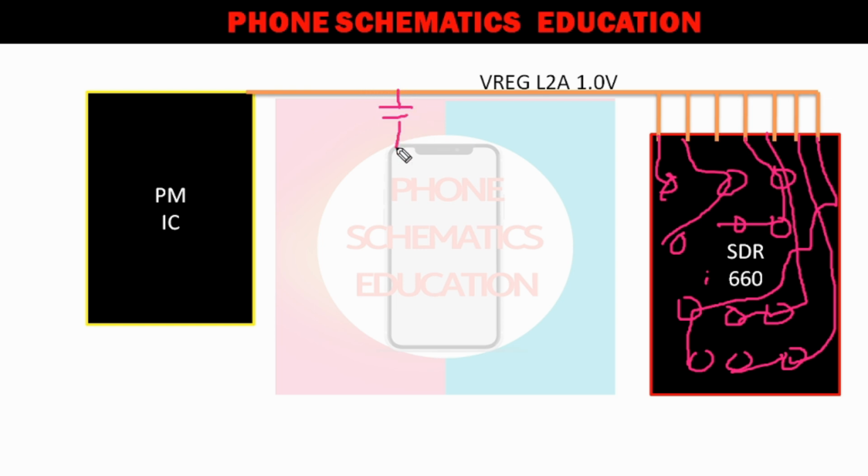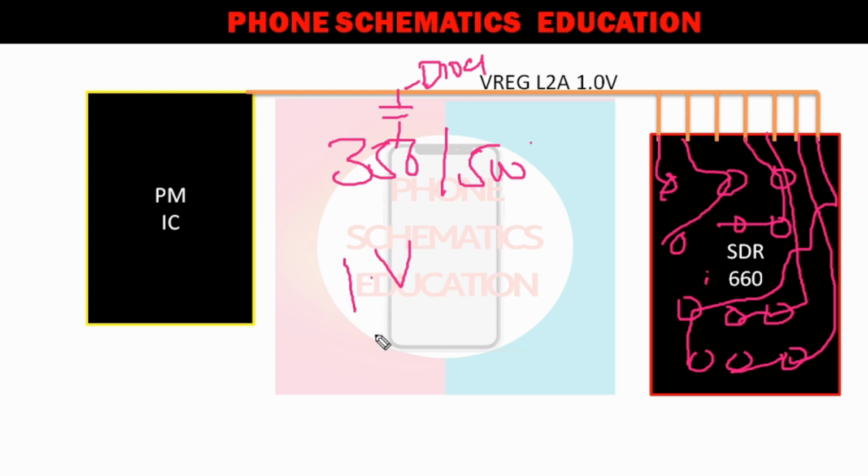First the main filter capacitor. In this line you first measure the diode value, right? On this you will get 350 to 500 according to the multimeter, right? Also you will get 1 volt, right? If you get 1 volt here, after that you will check each and every connected component.